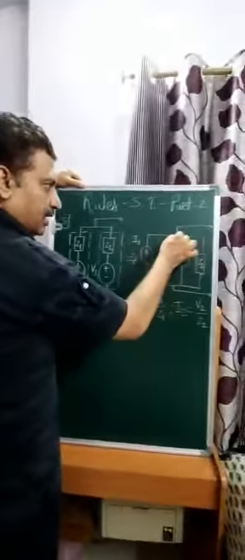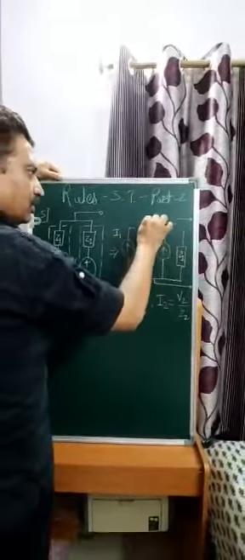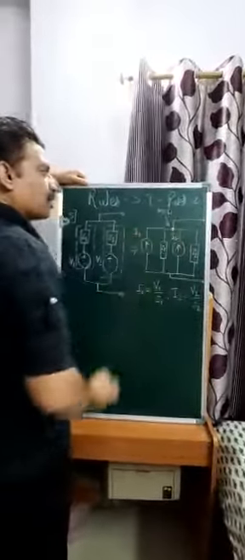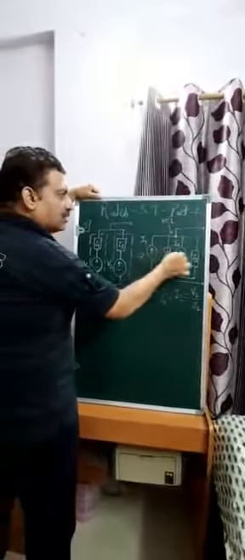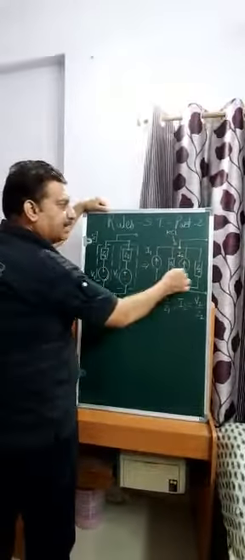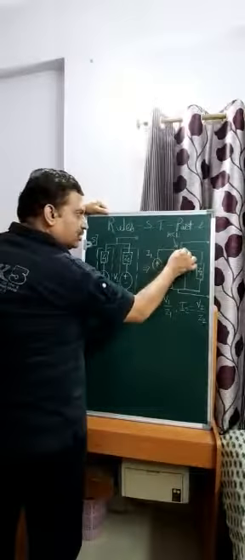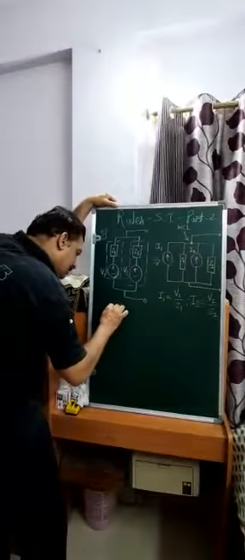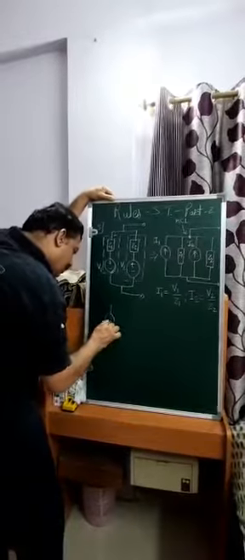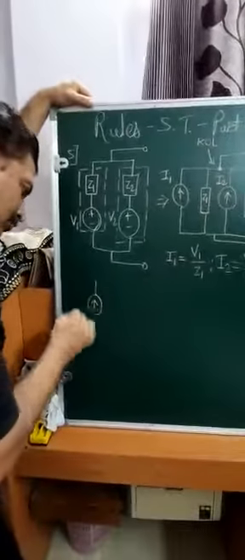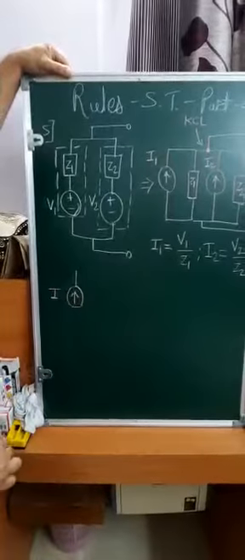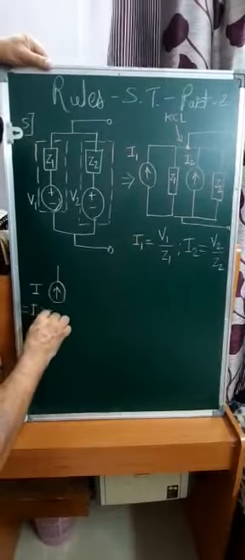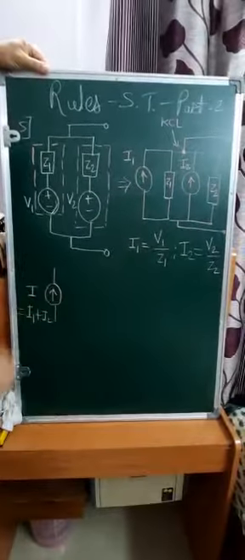Now here in this second circuit we are getting a node. This node is where you can apply KCL, because the current sources are connected in parallel with their internal impedances. So apply KCL to this particular node. Both the currents are reaching that point and hence the equivalent current source, with the orientation same as that of I1 and I2, is I. So I is equal to I1 plus I2, as both the currents are reaching that particular node.